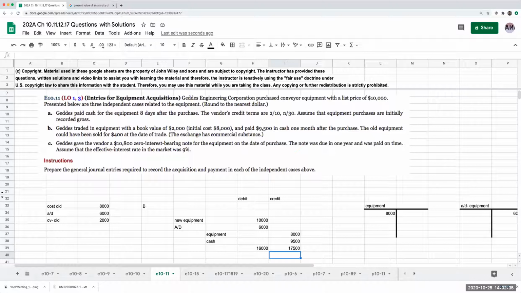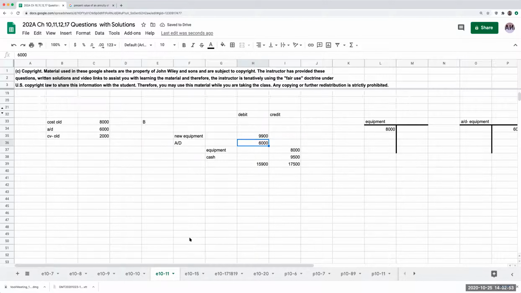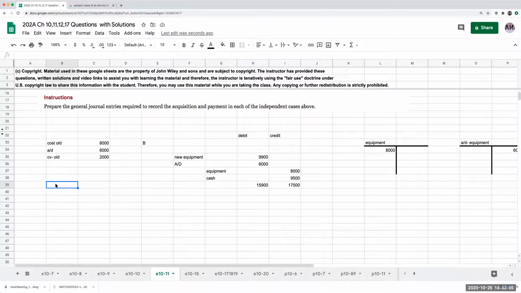And so what your book is saying is that what the new equipment should really be valued at is the cash paid plus the value of the old equipment. And if you remember what I was talking about previously, we had a debit to accumulated depreciation equipment, and then over here, we have our gain balancing or a loss balancing.